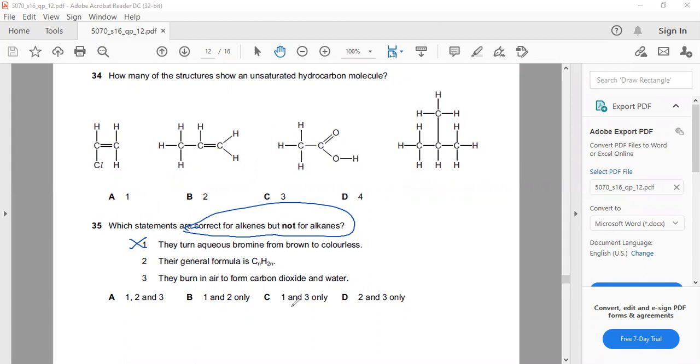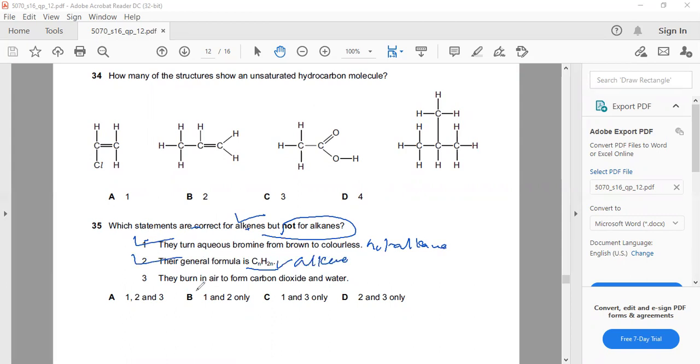Sorry, they means alkenes. So one is correct, alkenes turn bromine to colourless, not alkanes. Two is correct, the general formula of alkenes is CnH2n. Three: they burn in air to form carbon dioxide and water.